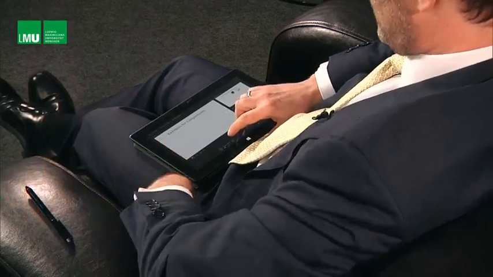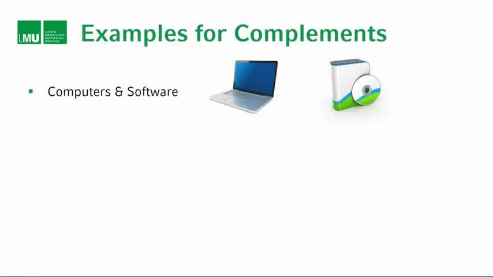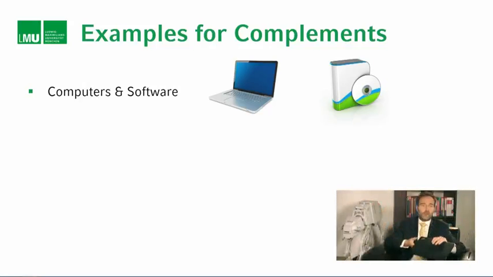So let's take some examples. An obvious one would be computers and software. You can take this computer and do all sorts of things with it. You can go on the internet, you can write documents and so on. But if you use particular software, in this case game software, to play with that computer, it's going to increase in value.